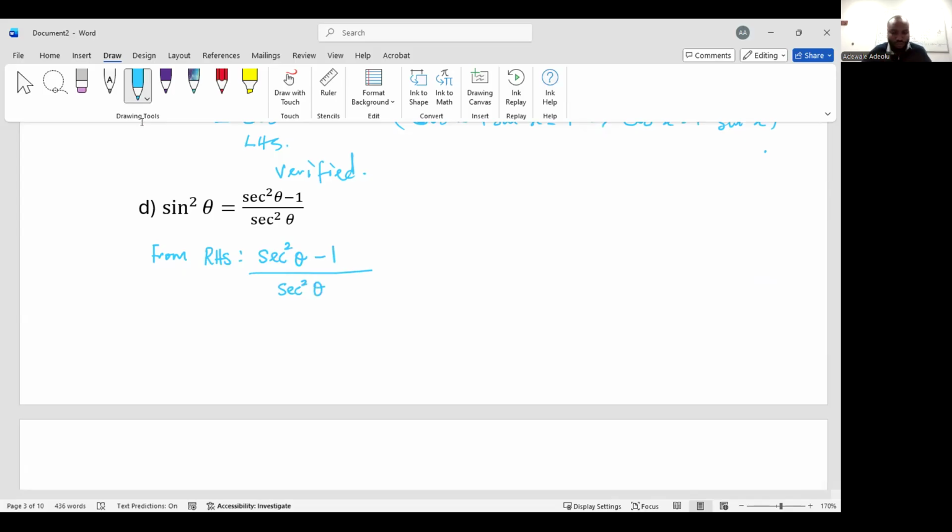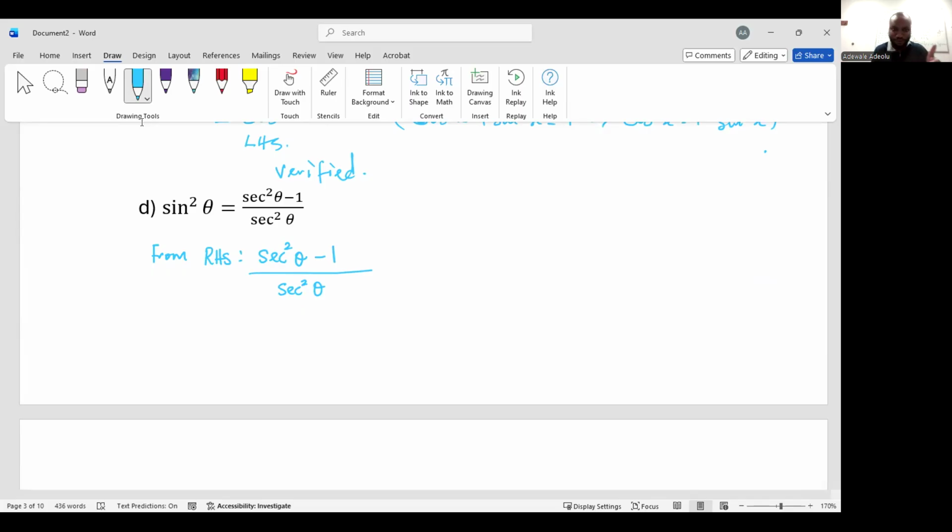Well, what can we do? Sometimes when you are solving problems like this, always think about, firstly, look at where you are going to. Then you think how you can get there, the fastest route for you to get there. In this case, I need something that will lead me to sine squared of theta.